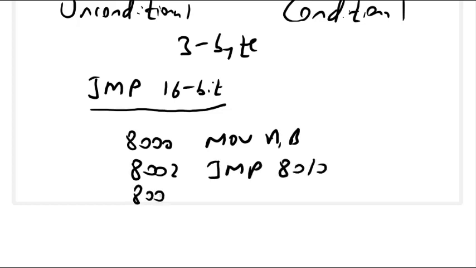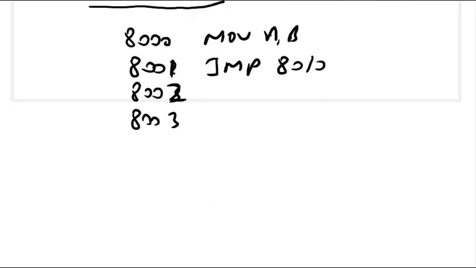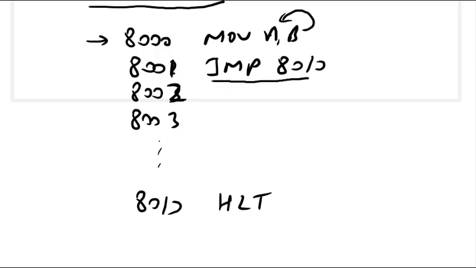The next instructions follow at 8004 and so on, and up to 8010 we have halt. When the microprocessor executes the first line, it will transfer the content of B to A, and at 8001 we give the instruction JMP 8010. So it will directly jump to that instruction and skip all the instructions in between. Those instructions won't be executed.